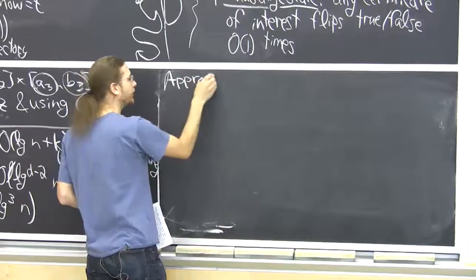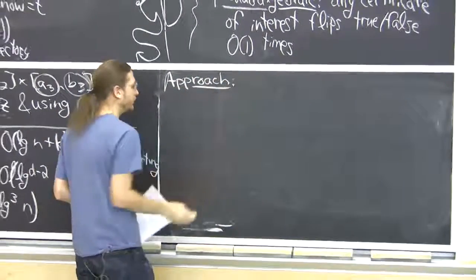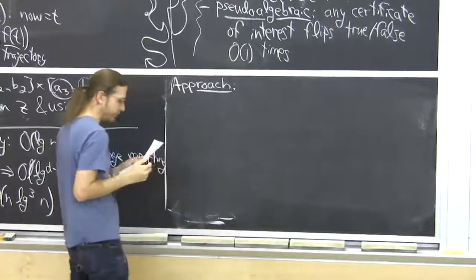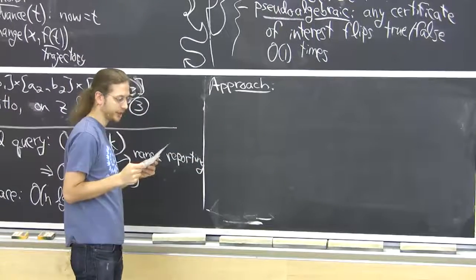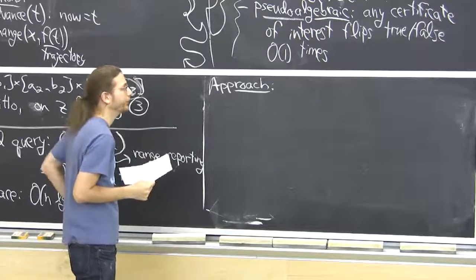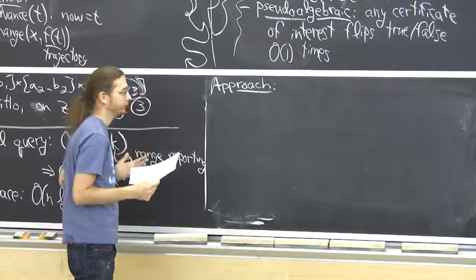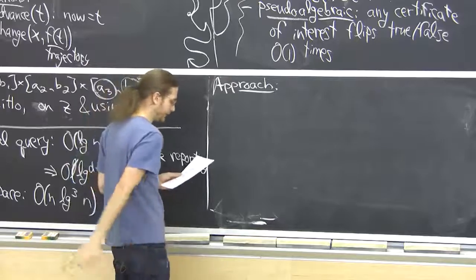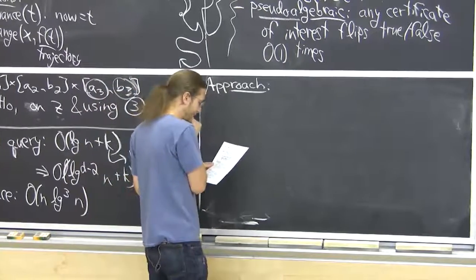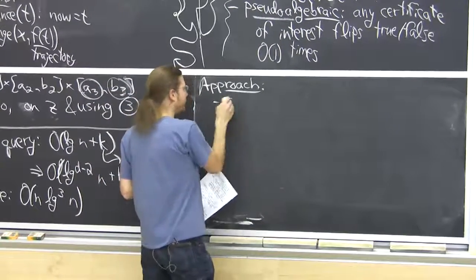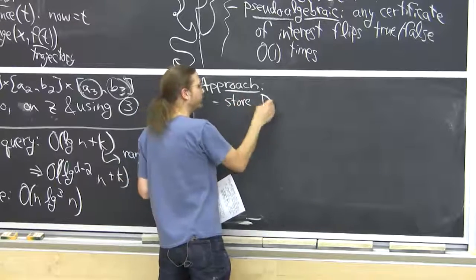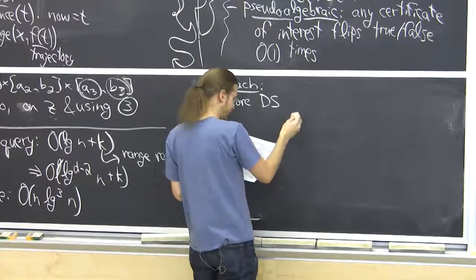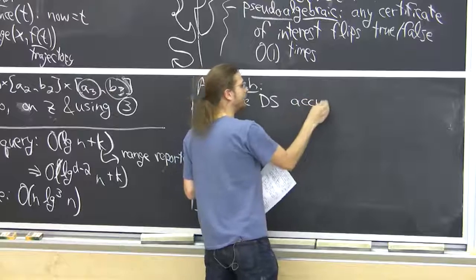So pretty much all kinetic data structures follow this unified approach. Kinetic data structures are actually a pretty new thing, introduced in 1999. So as data structures go, that's new. And over the last, however many years that is, 13, there have been a bunch of kinetic data structures. What we're going to do is store the data structure that is accurate now.